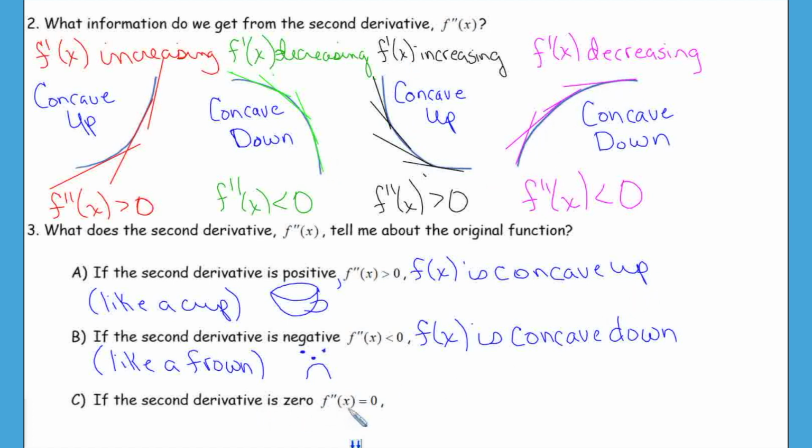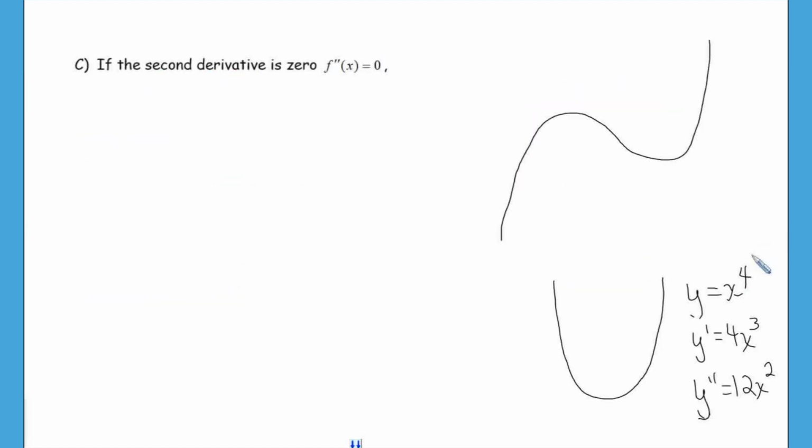So what happens if the second derivative is 0? Well, let's take a look. I need another screen for this. So if you have your second derivative 0, then I'm going to do this in blue.